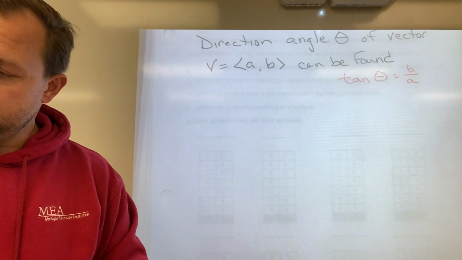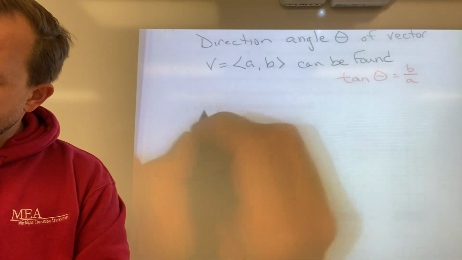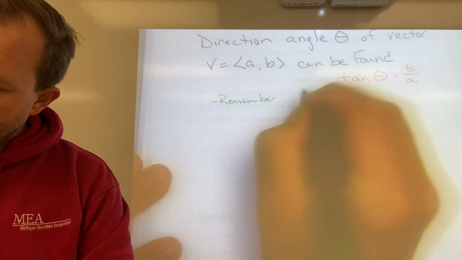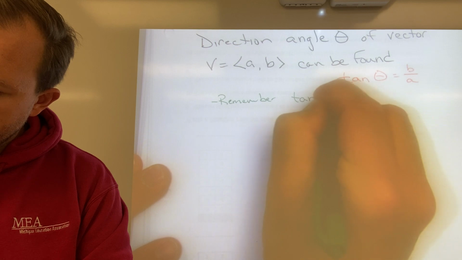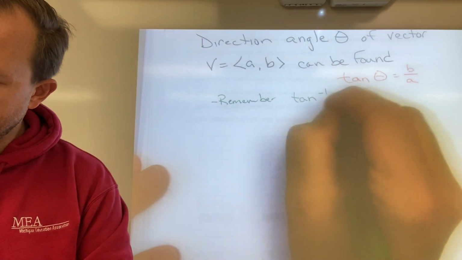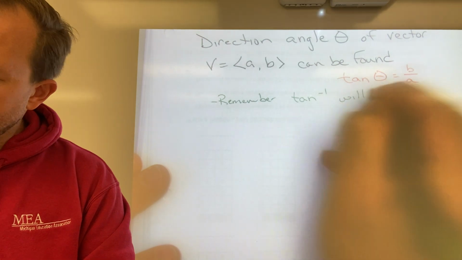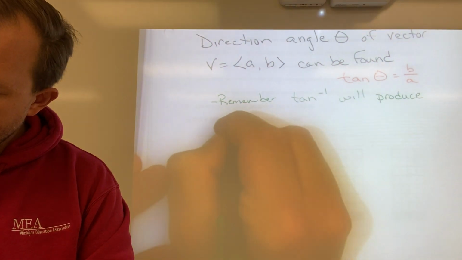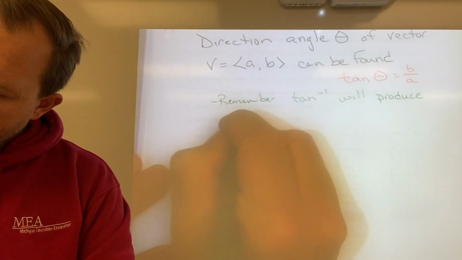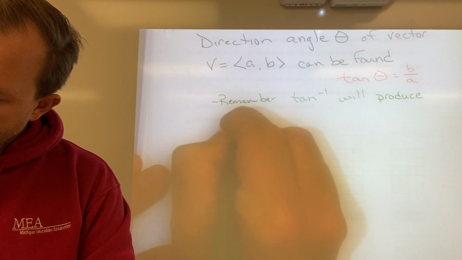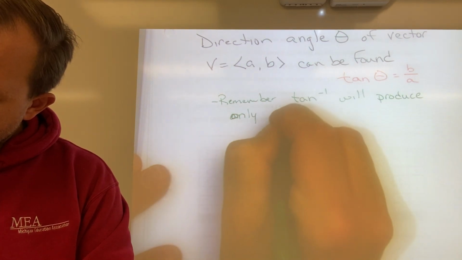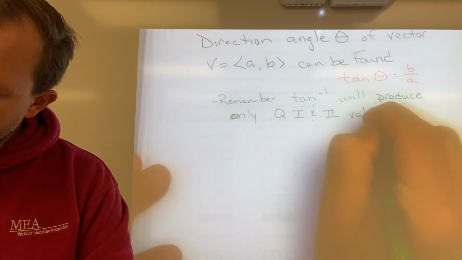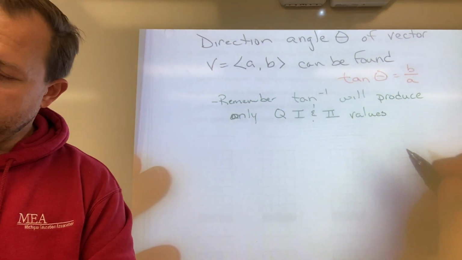Now there's a problem with this, and that is that your calculator, when we look at reversing the tan function, tan negative 1 on the calculator, is only able to produce quadrant 1 and 2 values, because then they start repeating themselves in quadrants 3 and 4.